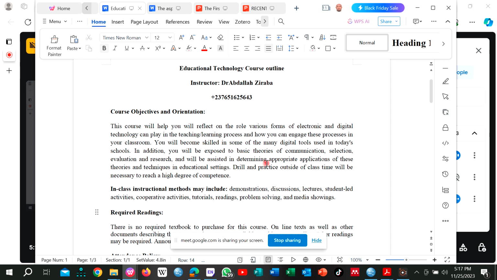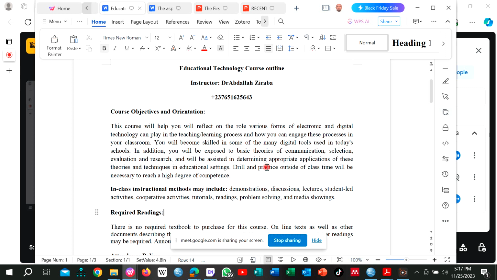We are sure that as a student, you must acquire the knowledge and the skills that help you to work with these technologies in our schools.